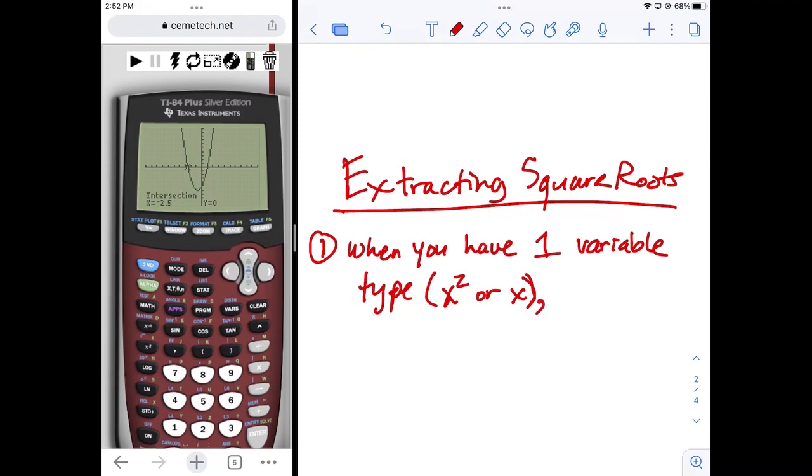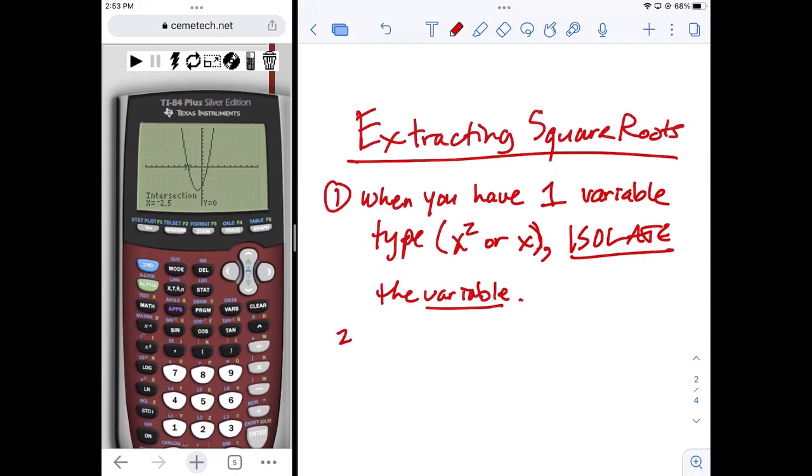Step one, you isolate the variable. That means get it on one side and get everything else on the other.